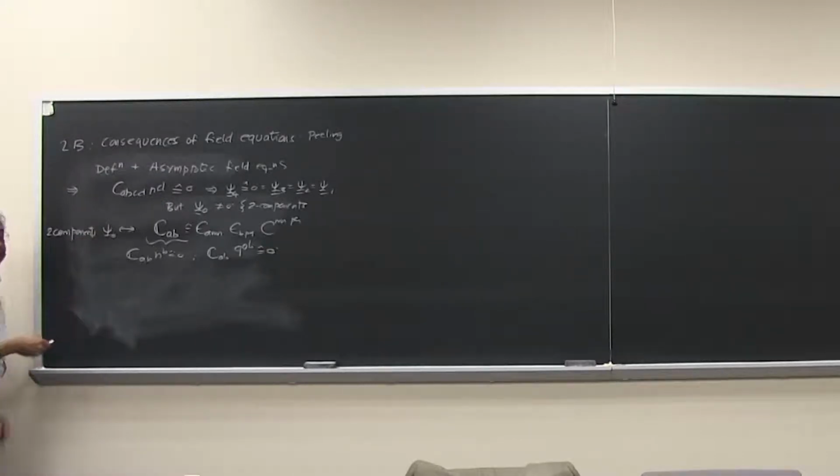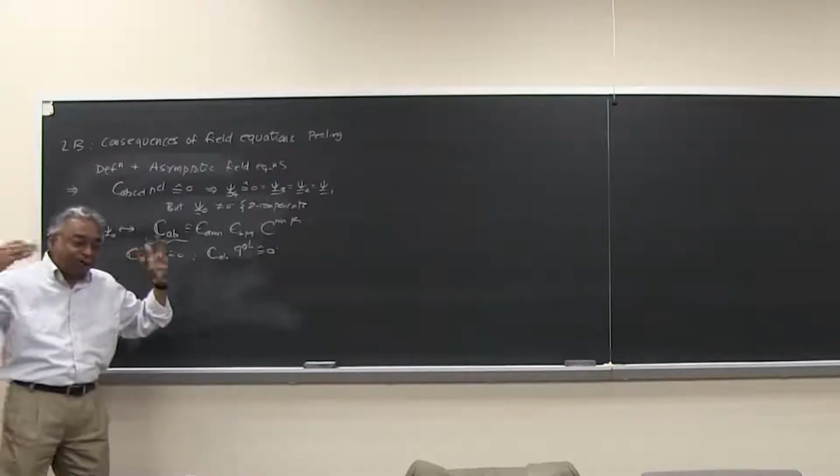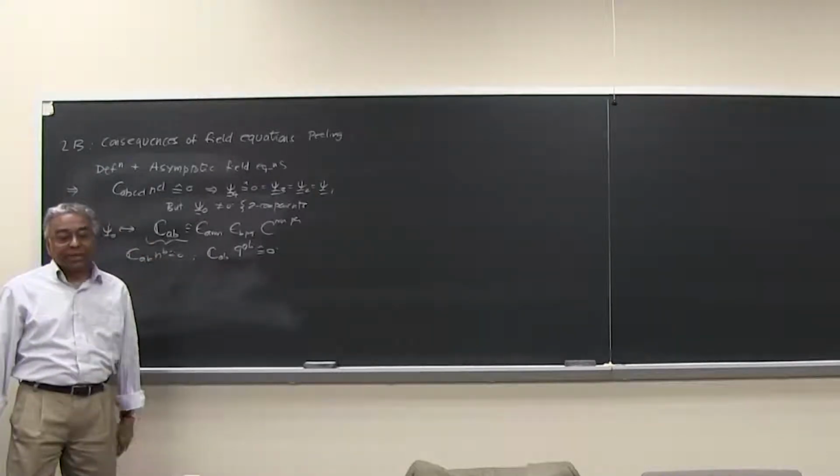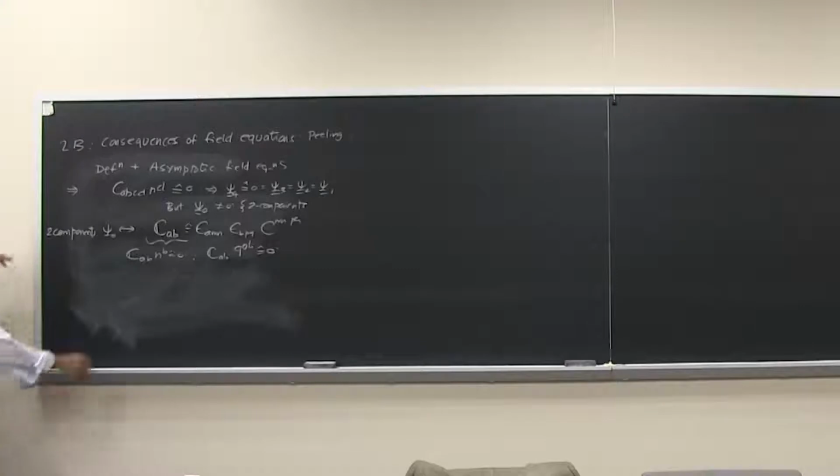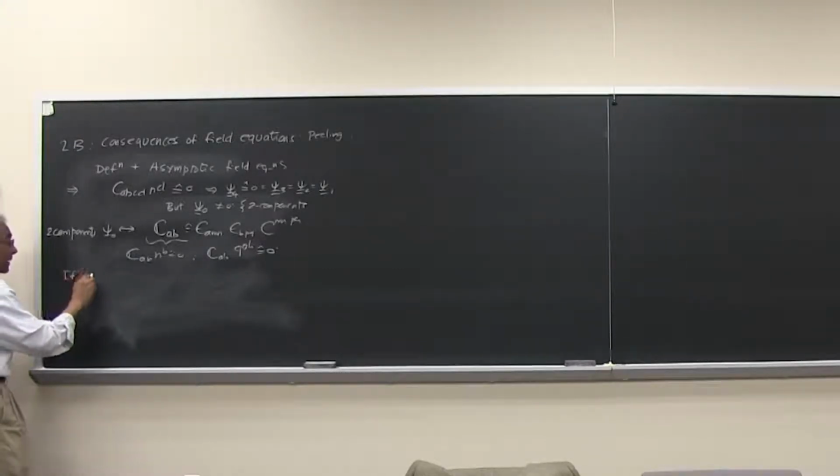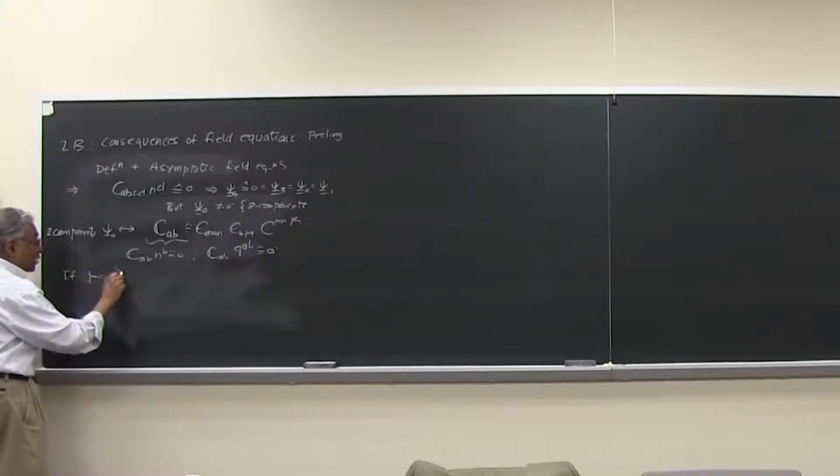And then I just told you, in very broad brush strokes, why this C_AB has to be 0 if the topology of scri is S2 cross R. So this S2 was critical there.